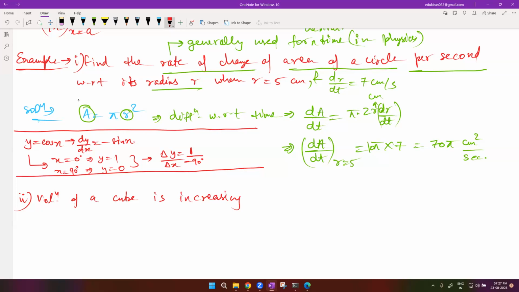So dy by dx positive, simple, right? If dy by dx is positive, it means y increases as x increases.